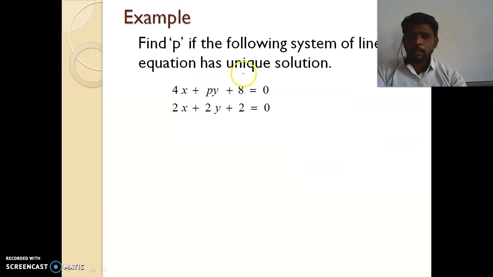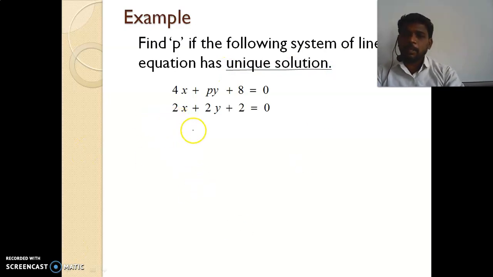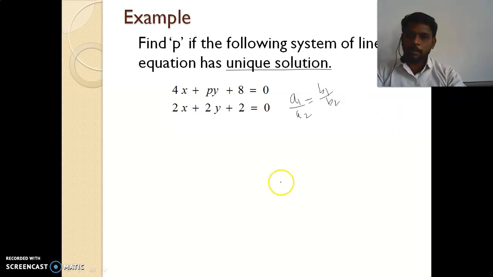Okay. So look at the given equation having a unique solution. So unique solution means what is the condition? The condition is A1 by A2 not equal to B1 by B2, right? So that is the formula for a pair of linear equations having a unique solution. Now we know what A1 is.